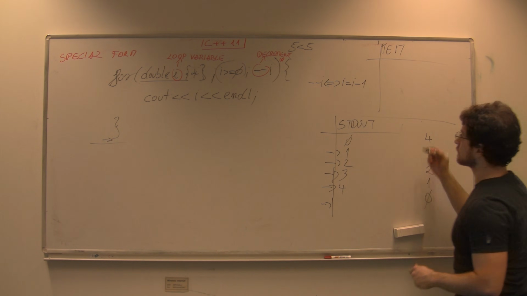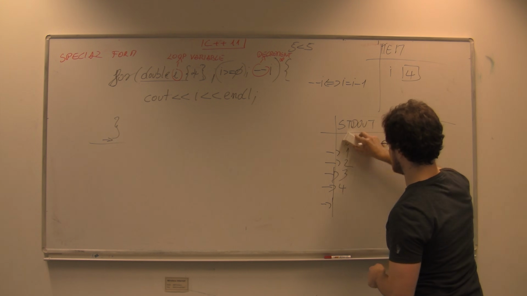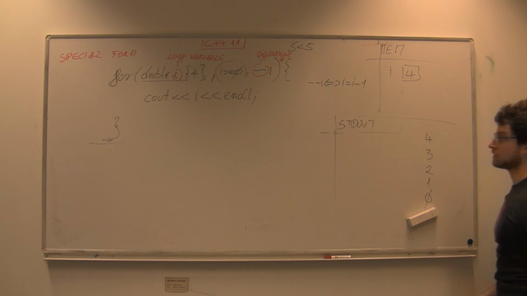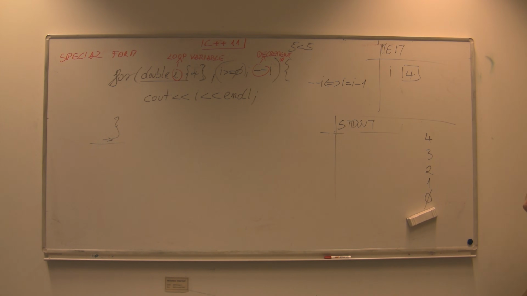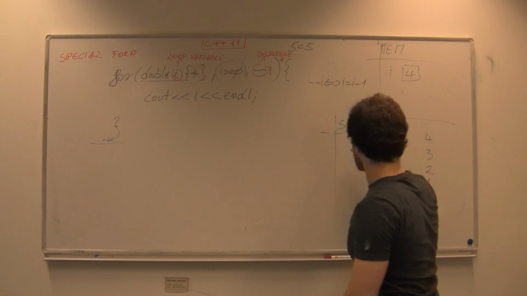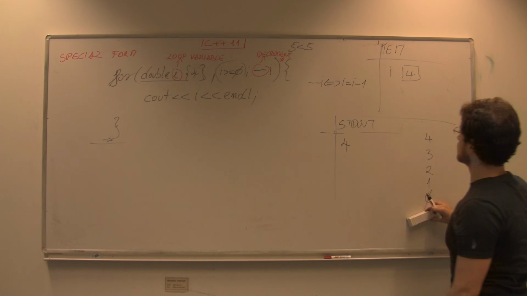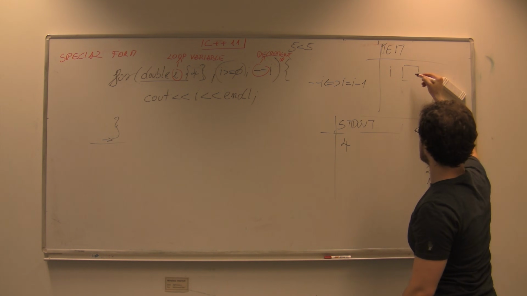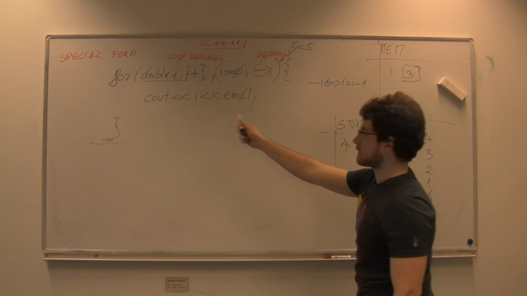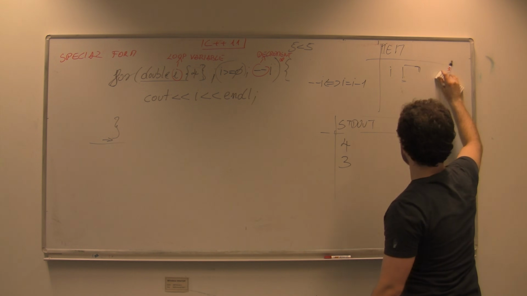We initialize the loop variable i to the value of 4. Check the condition. 4 is greater than or equal to 0. We execute the body. Decrement the loop variable i. Check the condition. It's still valid. Execute the body. 3. Decrement the loop variable. 2.